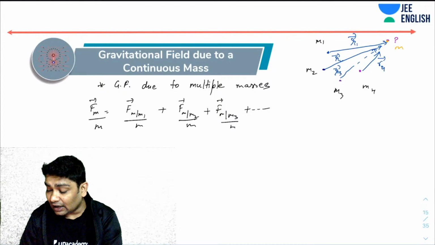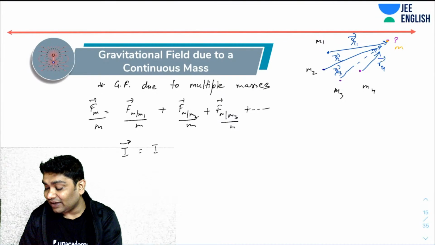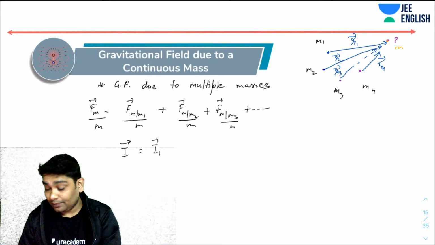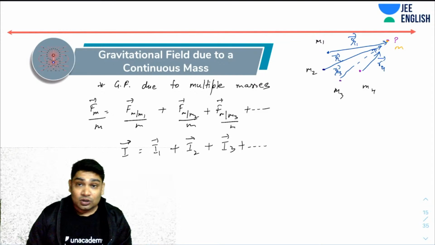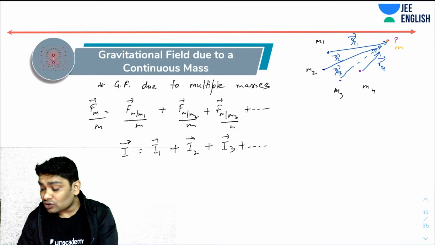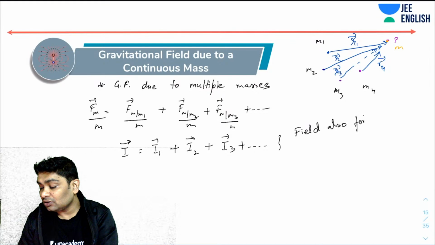I'm getting that the net I at point P is equal to I1 vector, I1 being the field intensity produced by M1, plus I2 vector, which is the gravitational field intensity produced by M2, plus I3 vector, which is the gravitational field intensity produced by M3, and so on. So I can see that the gravitational field also follows the principle of superposition.